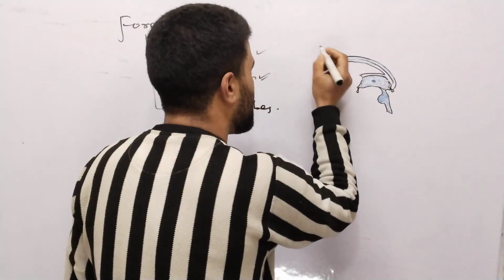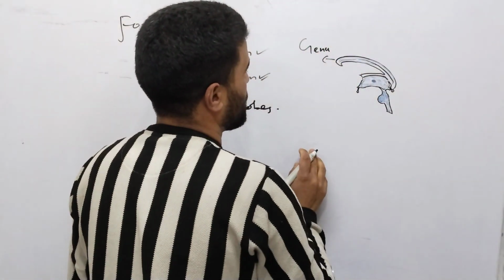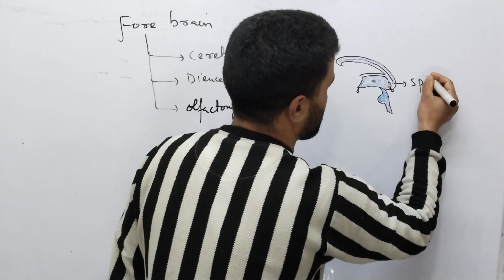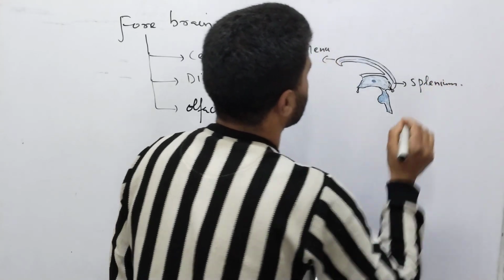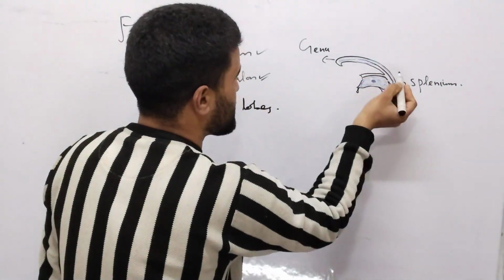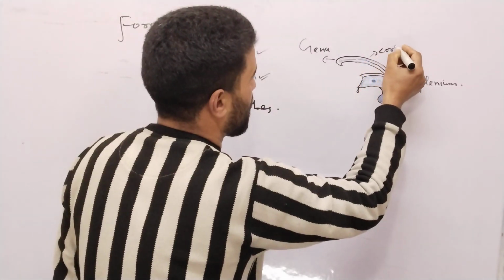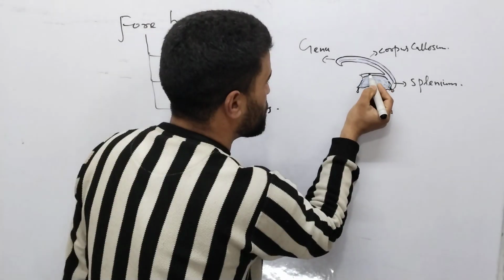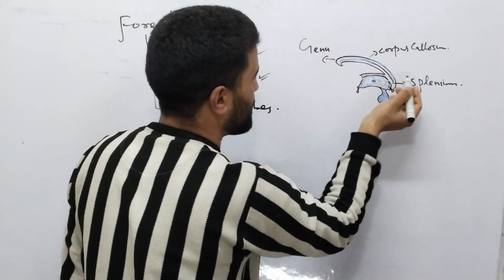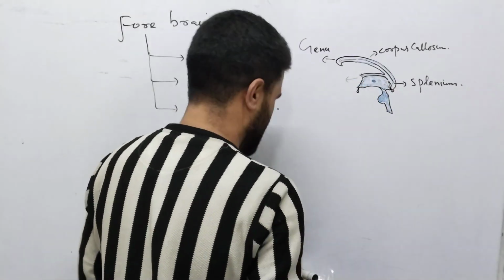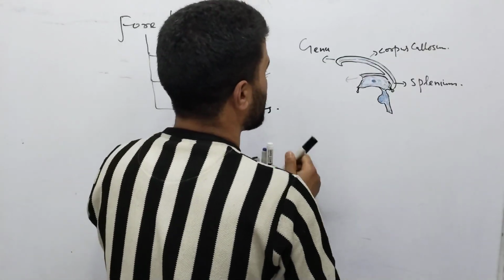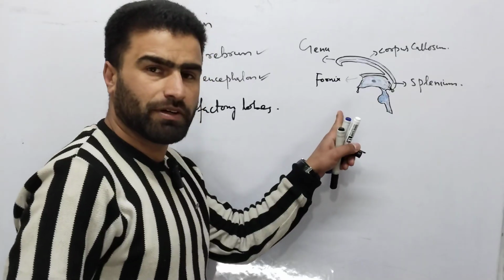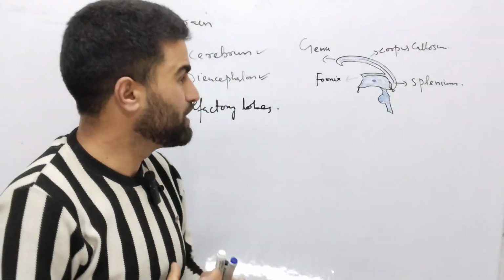The anterior fold we call the genu, and this fold is called the splenium. And with this corpus callosum, there is one more structure coming out of the main corpus callosum. This is called the fornix. I hope this is clear to you from the previous lecture which we discussed.